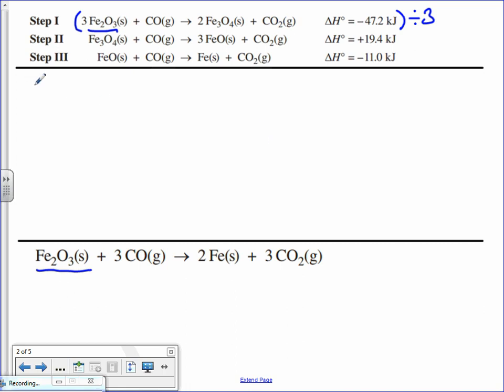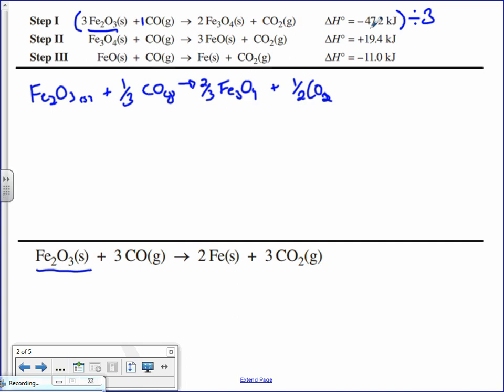That'll give me 1 iron 3 oxide. And here I only have 1, so dividing by 3 is going to give me 1/3 carbon monoxide. Try to keep your arrows all lined up. This will give me 2/3 iron 4 oxides, and then we're going to have 1/3 CO2.